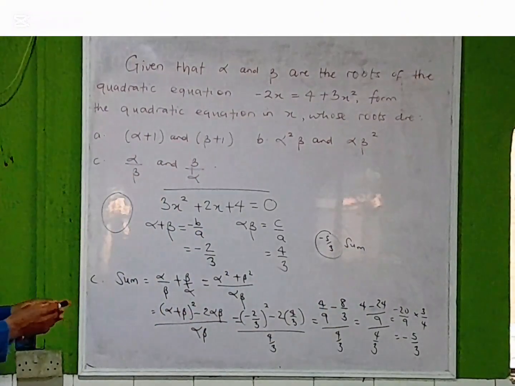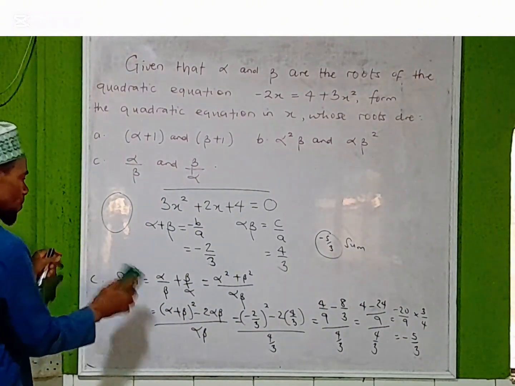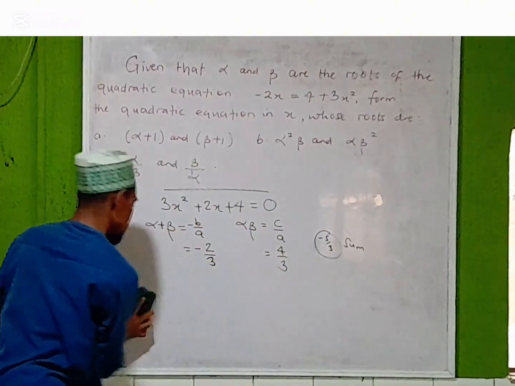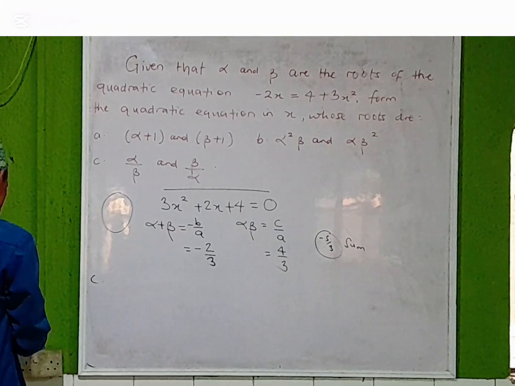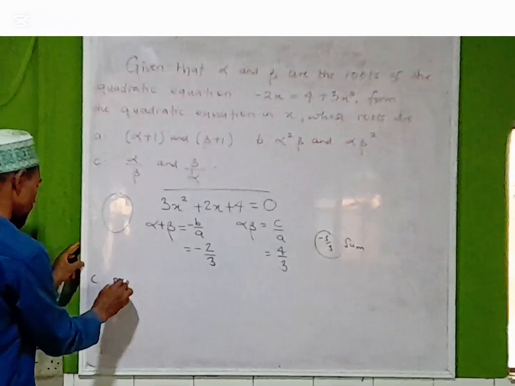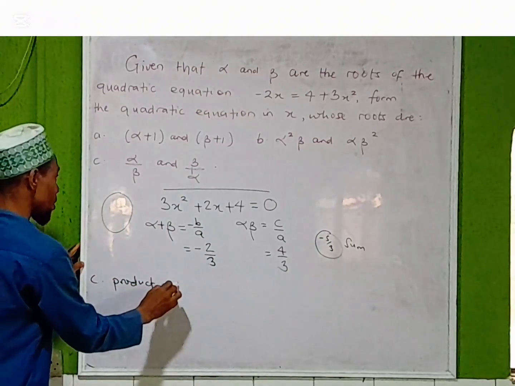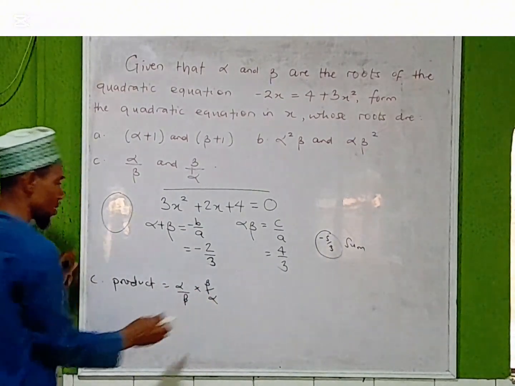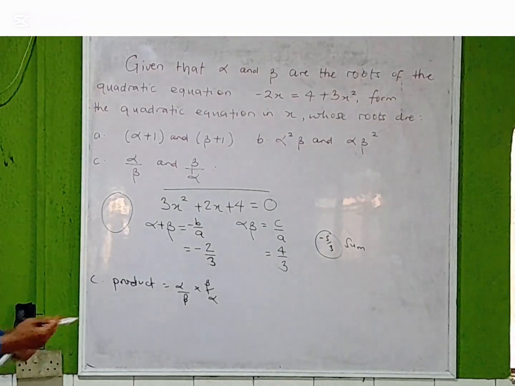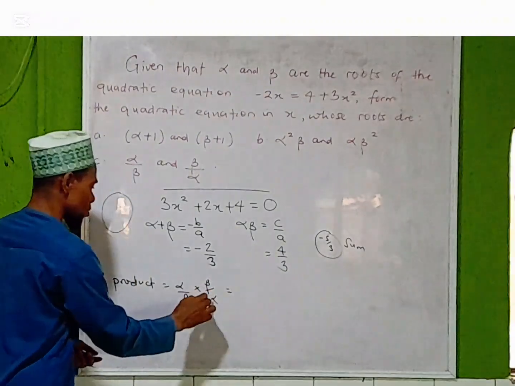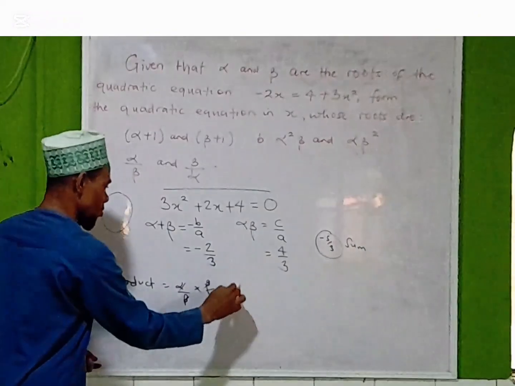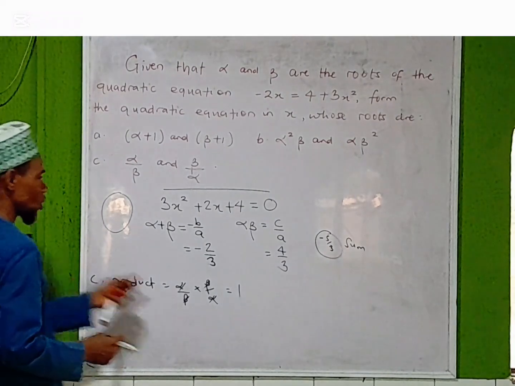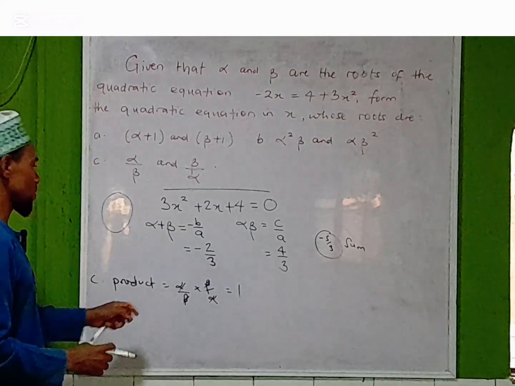So let's have the product. The product of the same roots becomes alpha over beta times beta over alpha. That's the product, as simple as that. Interestingly here, this actually crosses out, and that becomes 1. The product is 1. In other words, the sum is minus 5 over 3, and the product is 1.